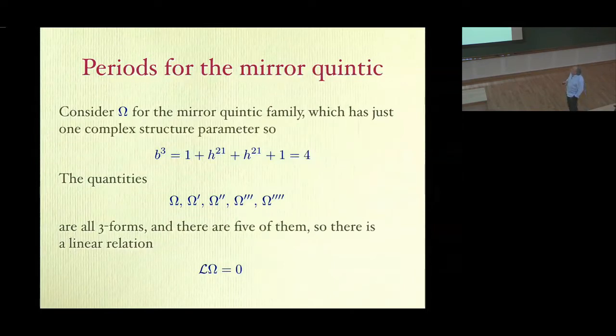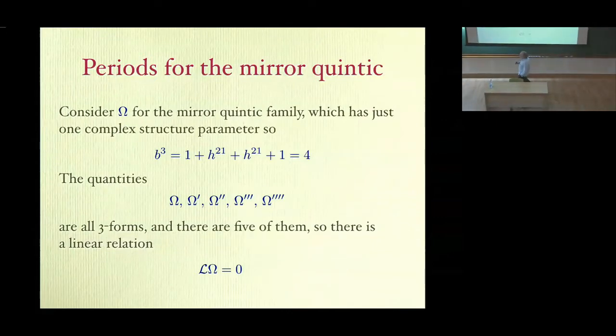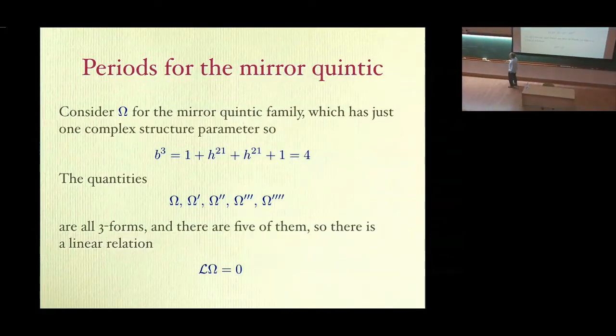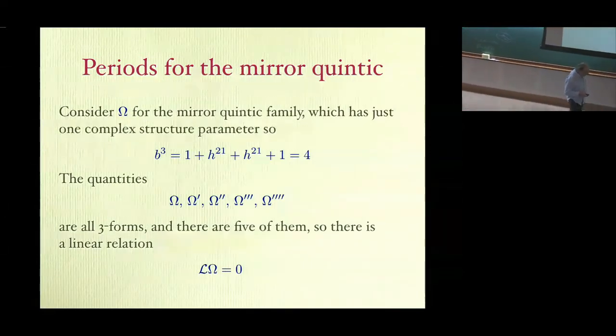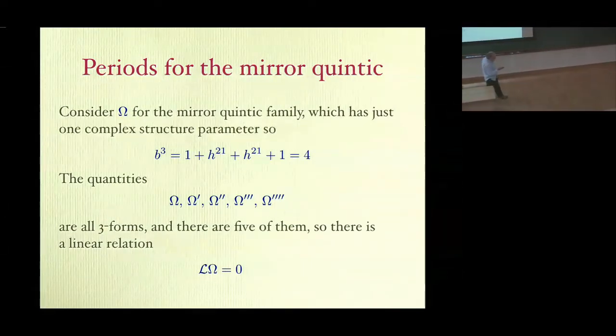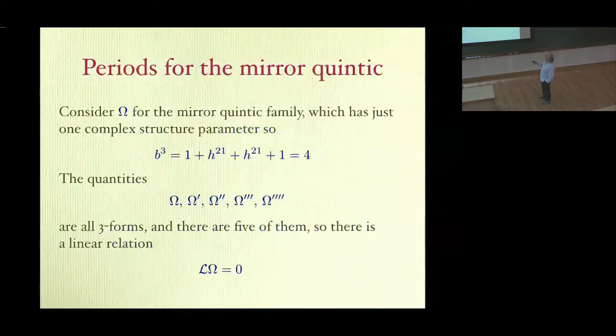But if we take the mirror quintic, that will give you a 1-parameter family, which you can think of as being given by this polynomial. 1-parameter family of Calabi-Yau manifolds. And the Hodge numbers for this 1-parameter family is 8. Oh, sorry, let's go back. H21 here is 1.